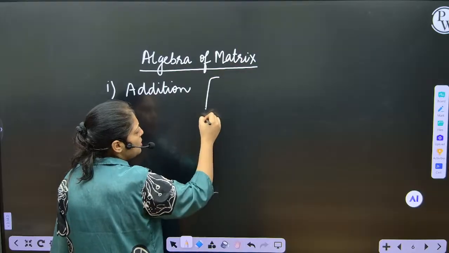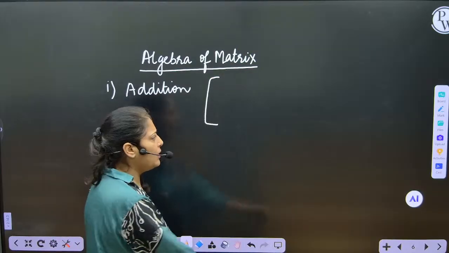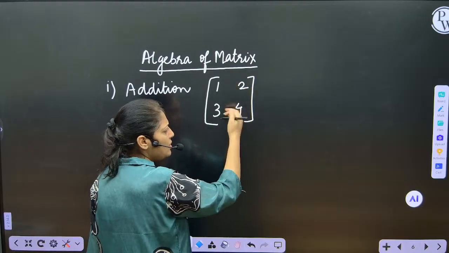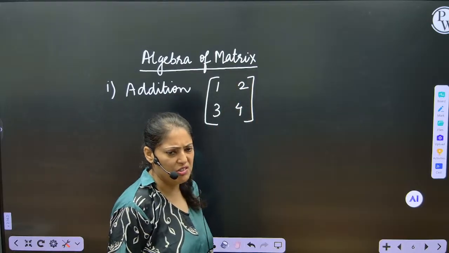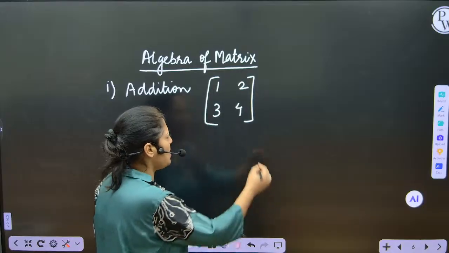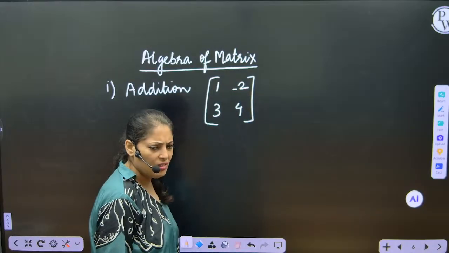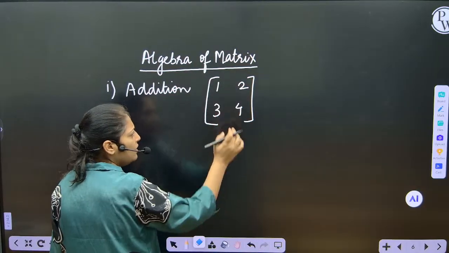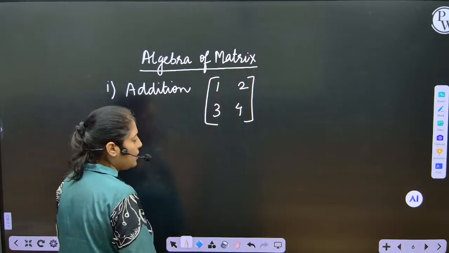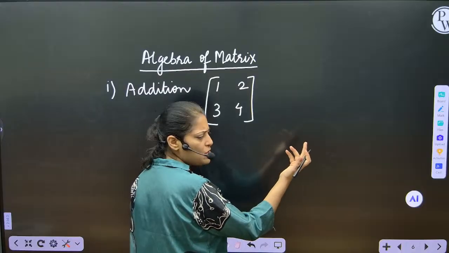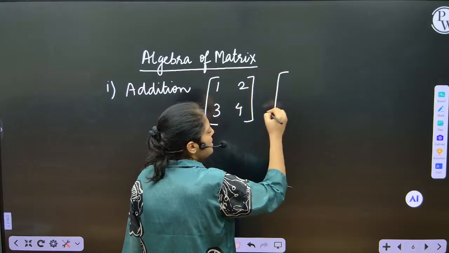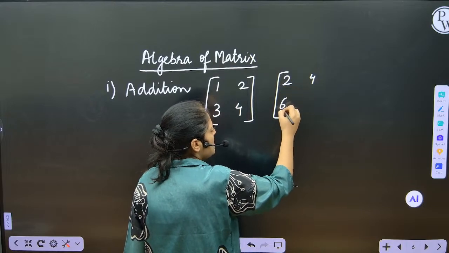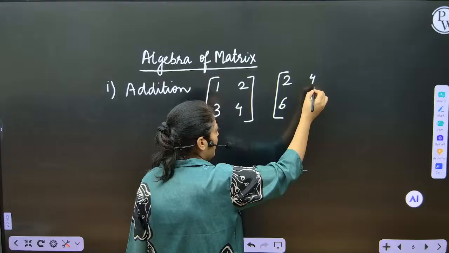Addition. Suppose I am giving two matrices. 1, 2, 3, 4. It is not necessary that it should be in continuation. Any matrix you can take. Suppose I am taking 1, minus 2. Right now I am doing it with all positive numbers; I'll do negative numbers also, no issues. Second matrix is, suppose, 2, 4, 6, 8.